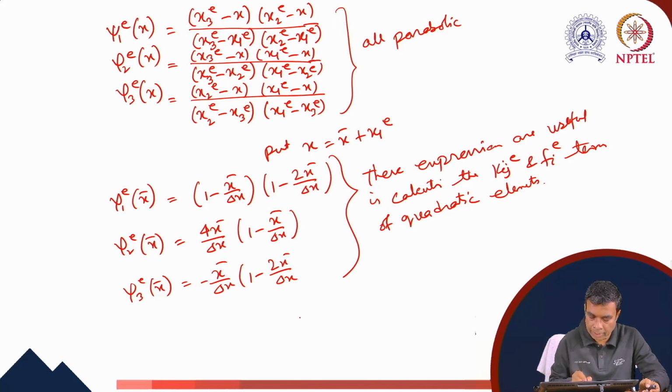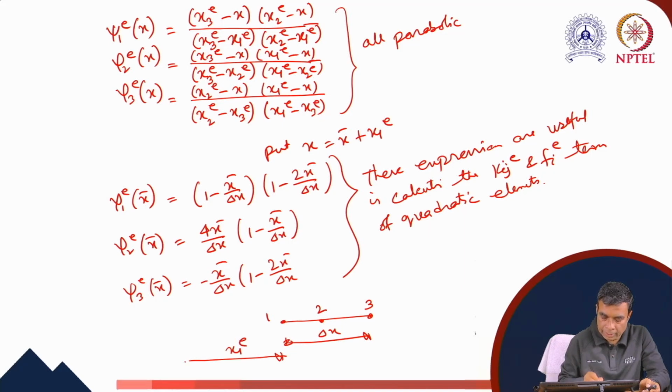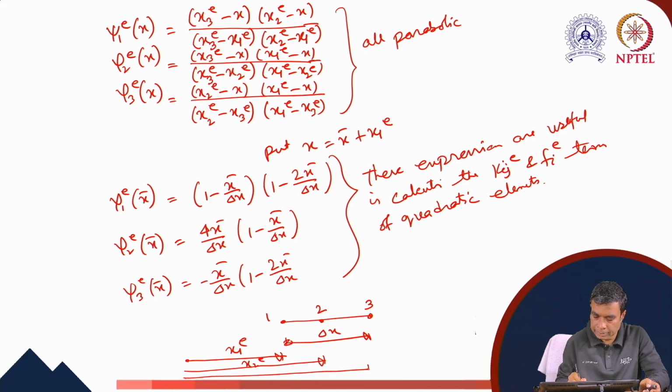So here I redraw the quadratic element, local nodes 1, 2 and 3. The mesh size is delta x. With respect to the global coordinate system, the coordinates are x1e, this is x2e, and this is x3e.